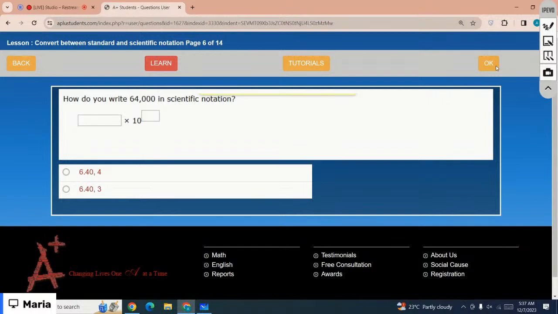How do you write 64,000 in scientific notation? So which is the correct option?